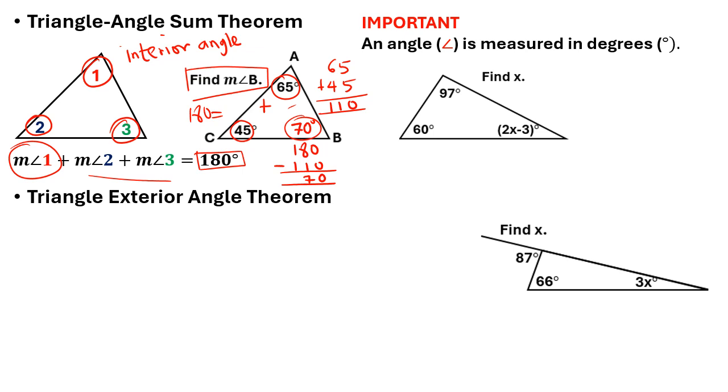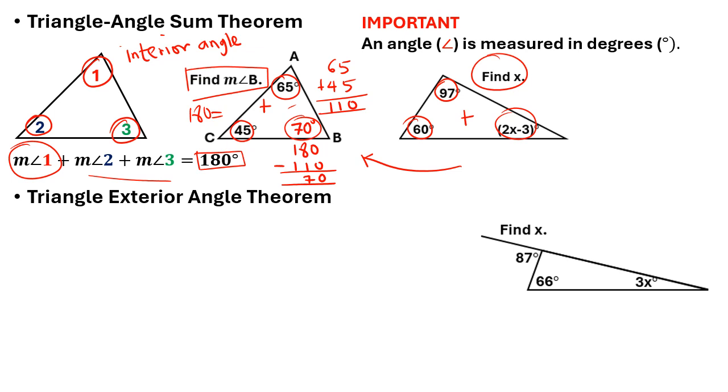All right, let's go ahead and solve this problem right here. This problem is asking us to find the value of x. So again, we are going to apply the Triangle-Angle Sum Theorem. We are going to add all these three interior angles and set all of that equal to 180 degrees. Again, you can solve the problem as we've done in this example, or you can write that down algebraically and isolate x.